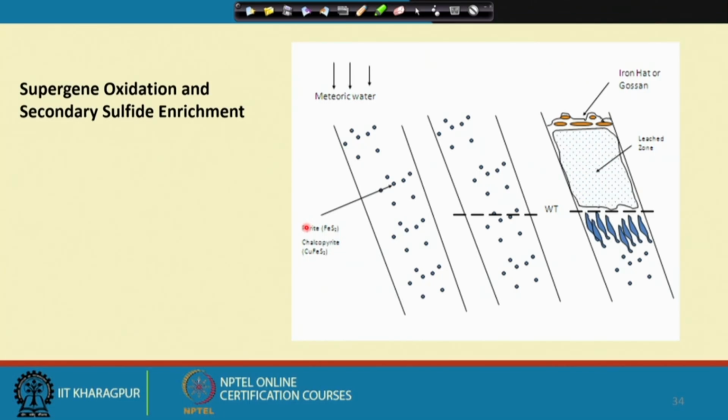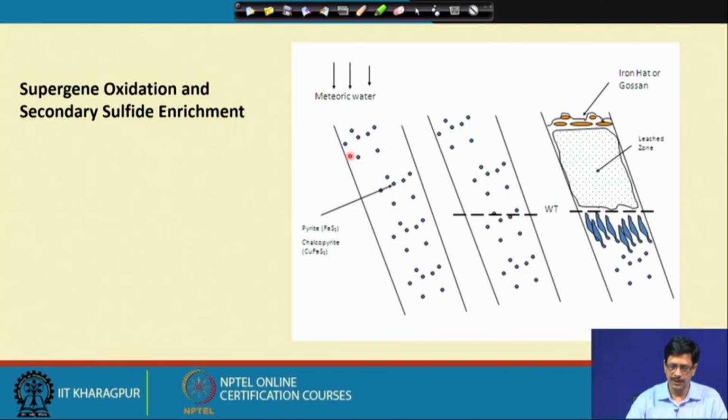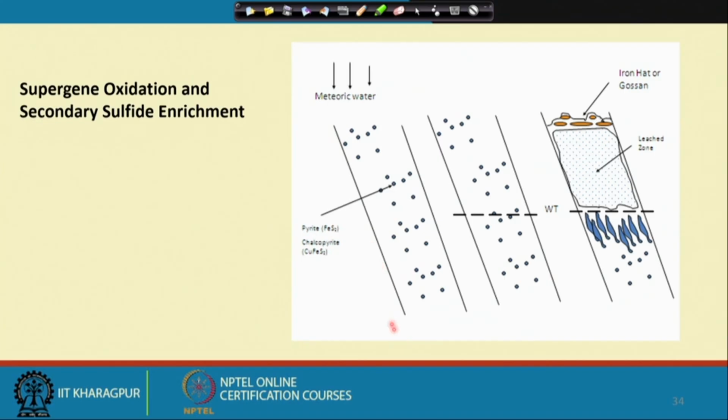If you look at it, this is just a cartoon that depicts the scenario. What is shown here is, for example, a tabular ore body which extends to depths of several hundreds of meters from the surface. This deposit definitely formed under deeper conditions in the crust, and now it has been exposed to the surface.